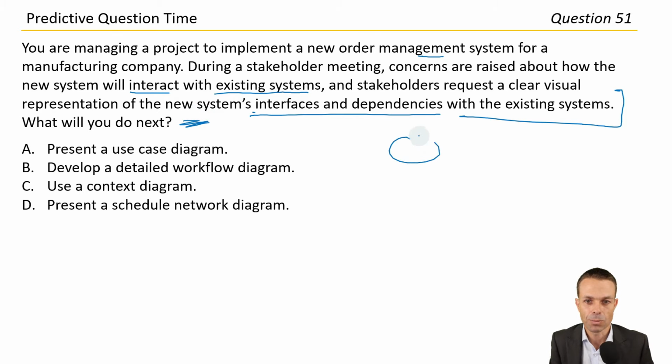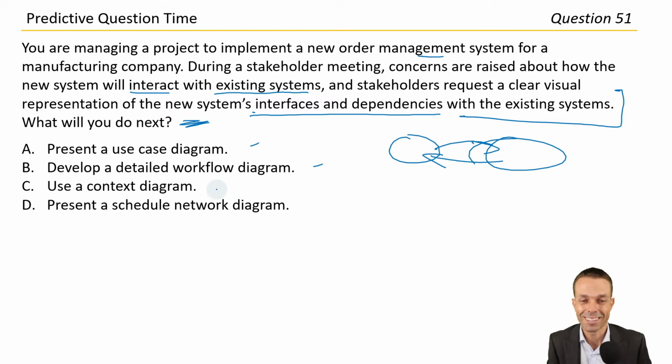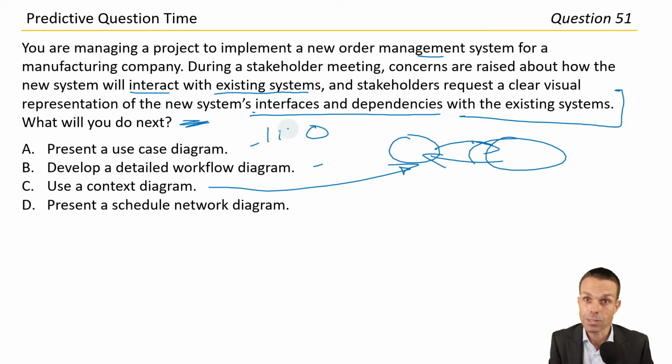So how a system interacts with another system, maybe this way or that way. How does the information flow? I think this is either a sequence diagram or, here it is, a context diagram. Are you familiar with this? So a use case diagram is for our use cases. That's our actor and the steps to get there.